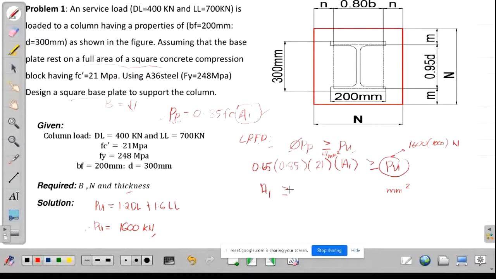Ano yung value natin dito, Miss Del Rosario? That is... Or anyone? That is 0.65 times 0.85 times 21.